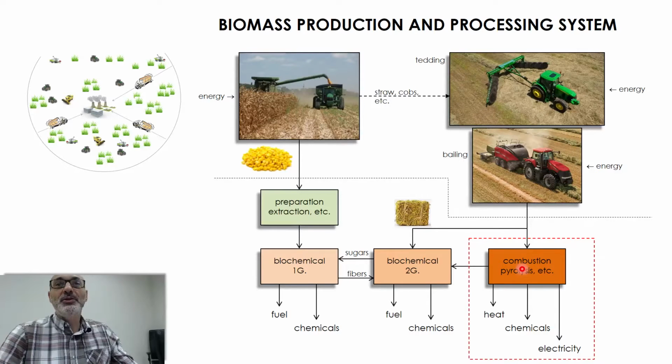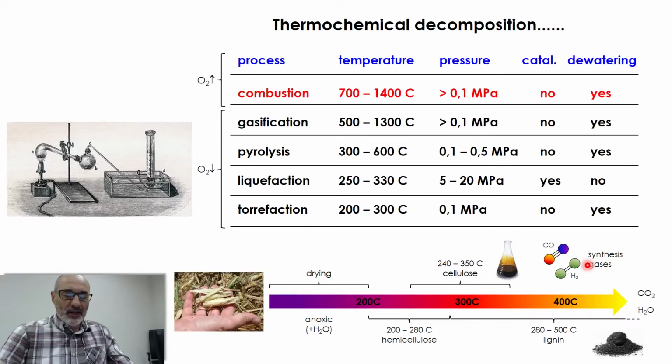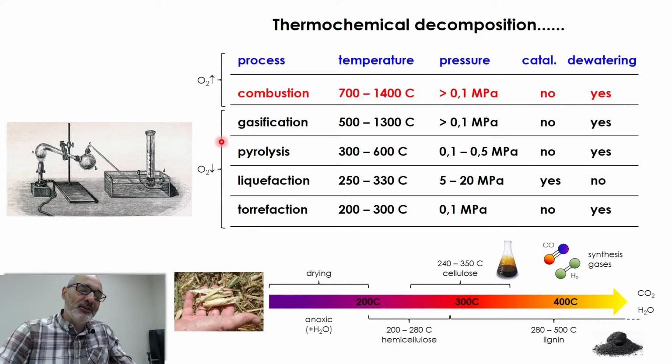Because we always talk about combustion. Combustion is one type of thermochemical process. There are other types. Let me just show you what we call thermochemical decomposition. When you heat some kind of material, depending on whether you have oxygen or not, different types of reactions will occur.